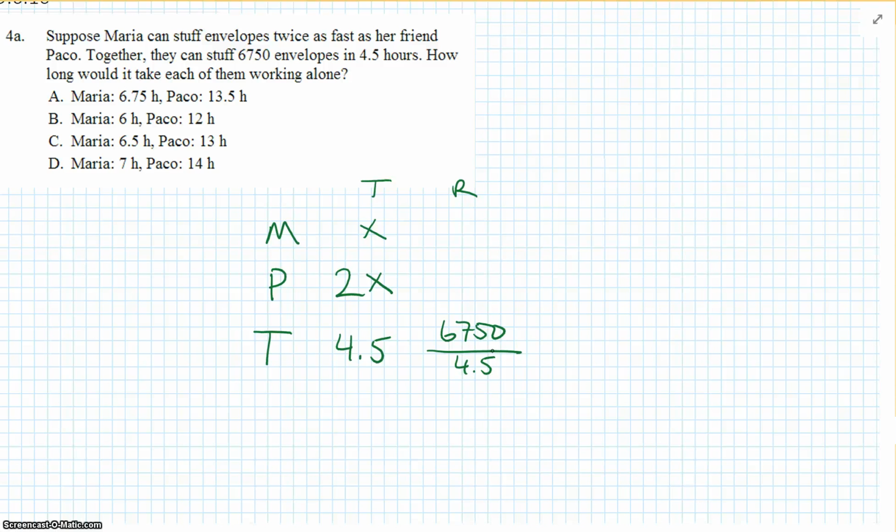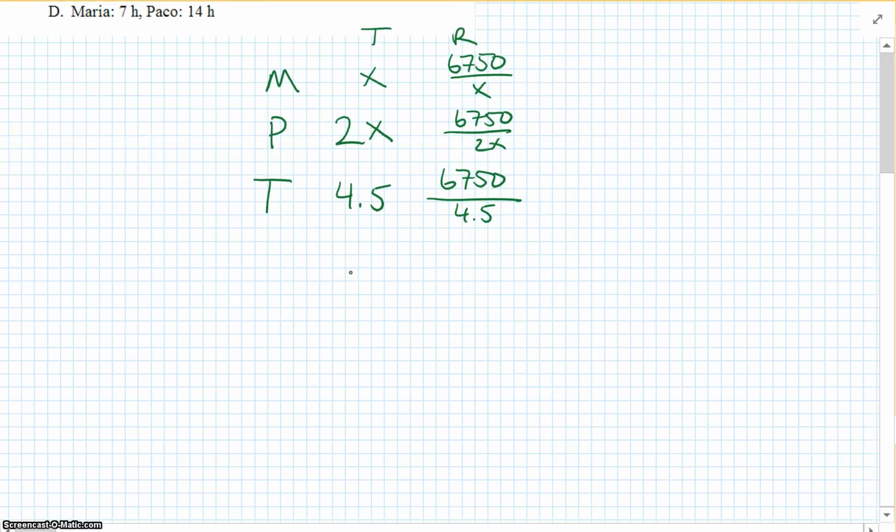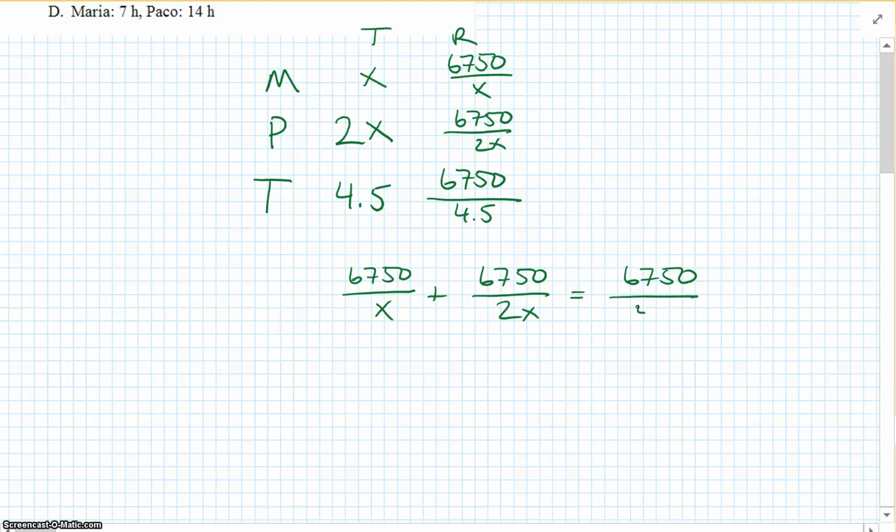So how long would it take them each working alone? Well, Maria's rate would be 6,750 over x, and Paco's rate would be 6,750 over 2x. So set up the same type of equation. 6,750 over x plus 6,750 over 2x equals 6,750 over 4.5.